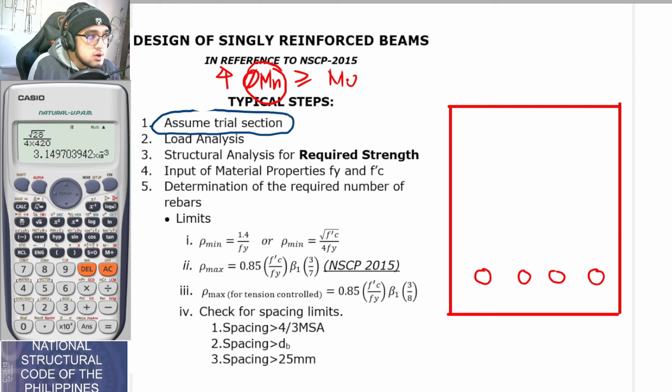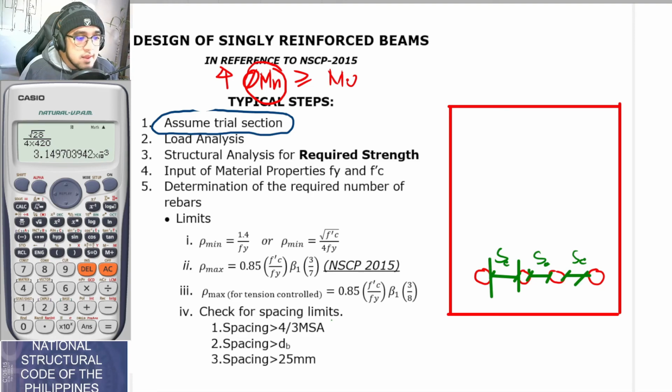By the way, guys, your spacing is this clear spacing, from the corner of the rebar there up to the corner of the rebar here. So this is a spacing, as well as this, as well as this. That is, let's say, your S, or let's say Sc, the spacing of the concrete.